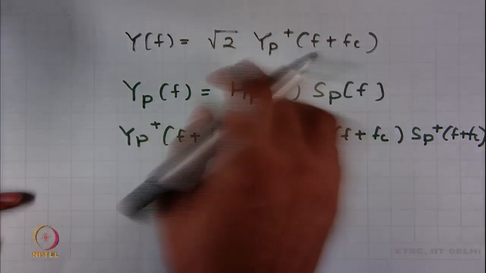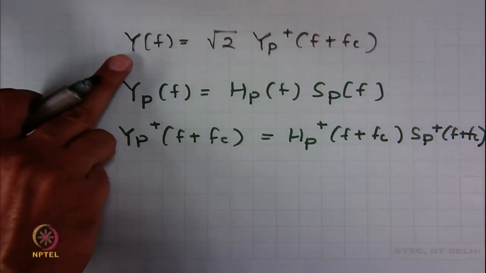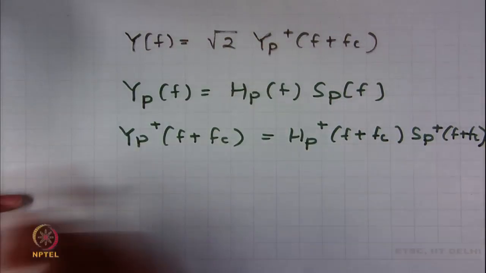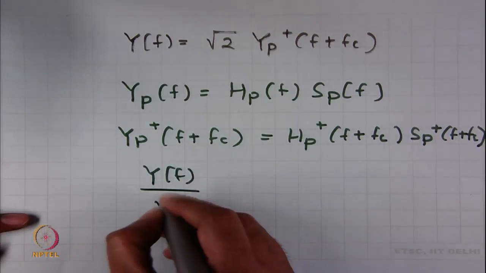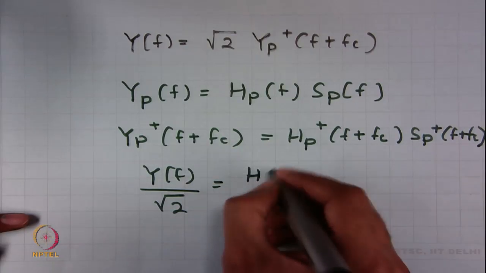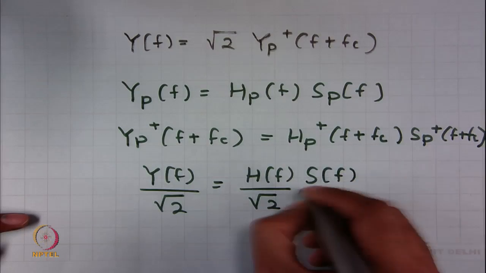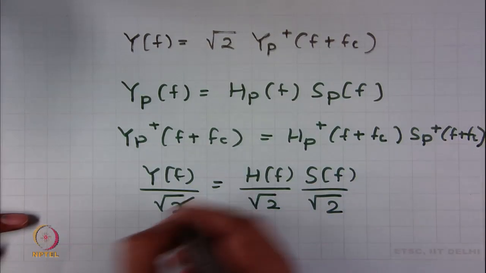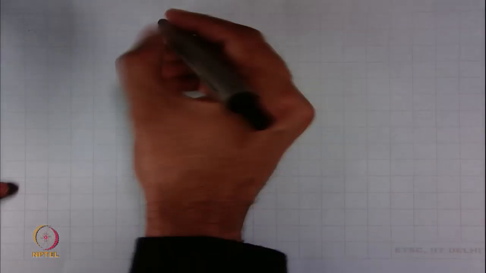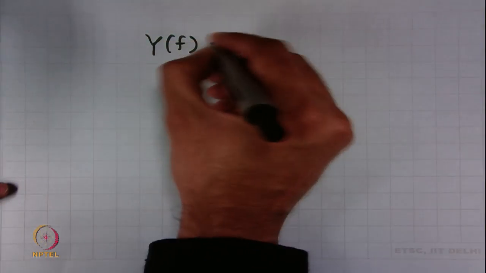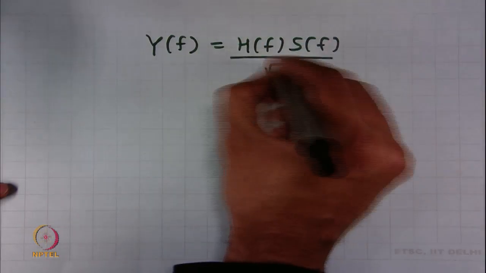And now, using the equivalence between the spectrum of a baseband signal and a passband signal, I can write this as Y(f) by root 2, this is H(f) by root 2, this is S(f) by root 2. So, what I end up with is Y(f) is H(f) S(f) divided by root 2.